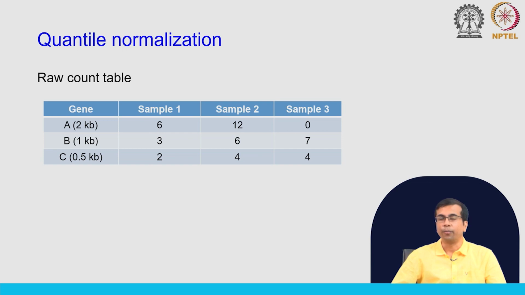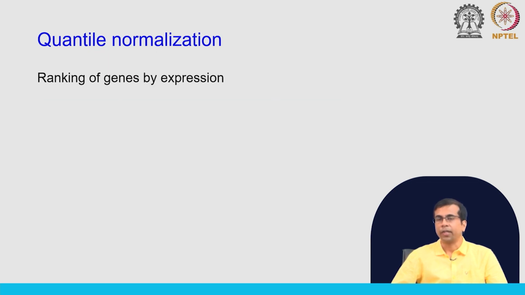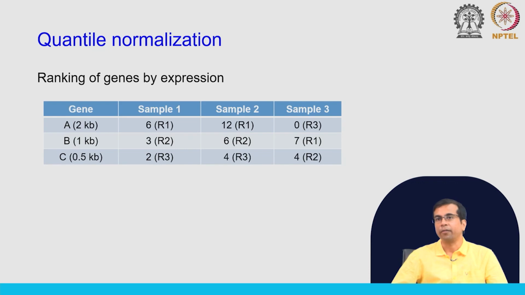Okay. We go back to the same example, right, because we are already familiar with this. We have the genes A, B, C, we have the samples sample 1, 2, 3, and we have the raw counts. I have not given the total because the total is not really important here. Okay. So, what is the first step? We have to rank genes by expression, right. You can do low to high ranking or high to low ranking. Here I have done high to low ranking, right.